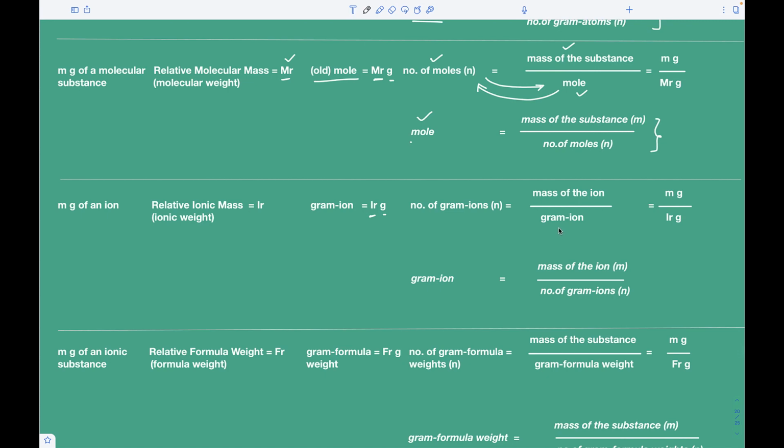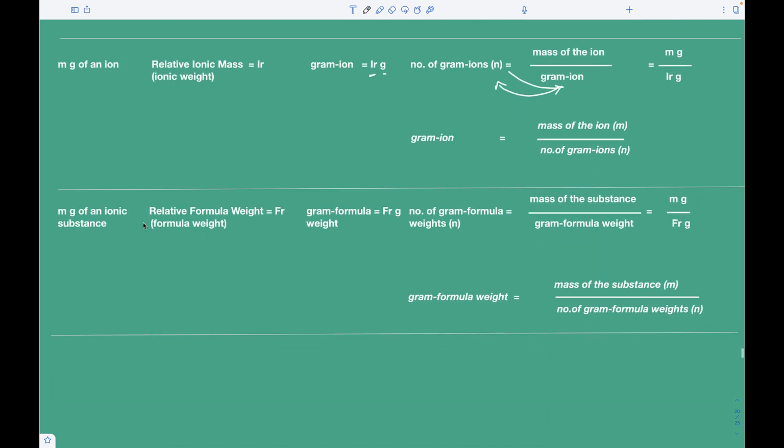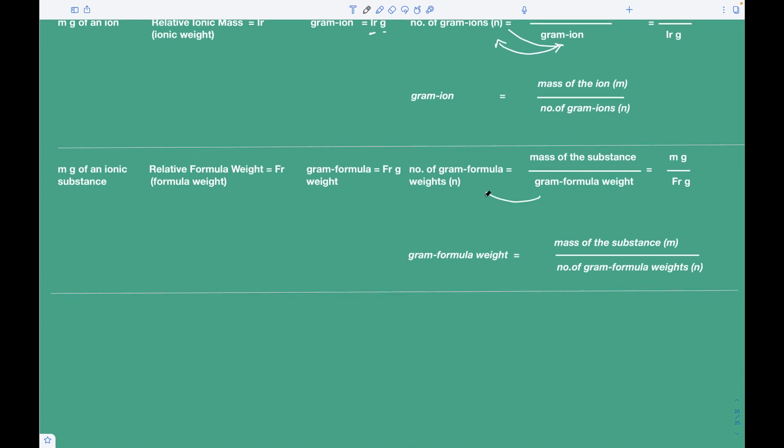Similarly, the expression for gram ion would be mass of the ion or the given mass of the ions over number of gram ions. And for an ionic substance, number of gram formula weights would be mass of the substance given over gram formula weight. And again, if you move this to the left hand side and this to the right hand side, this would be the expression we get for the gram formula weight.